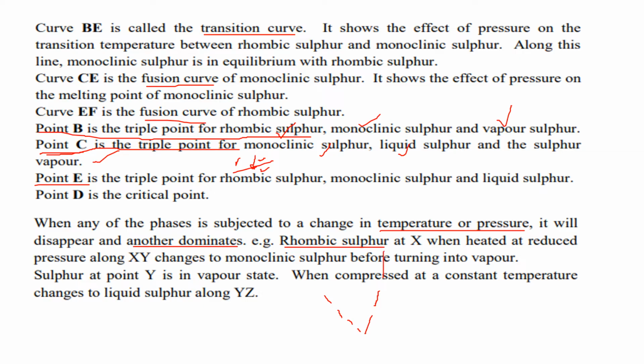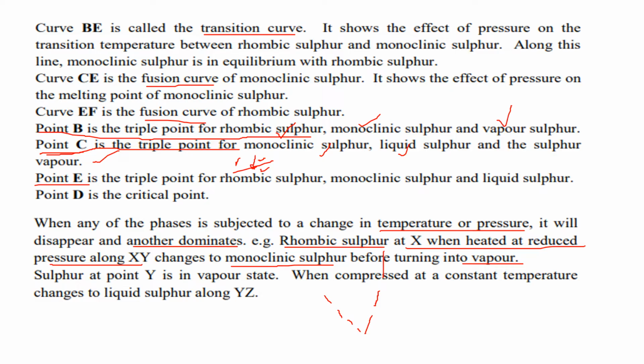Also here, we are saying that X when heated at reduced pressure along XY undergoes sublimation. First of all, rhombic turns to monoclinic sulfur, and from monoclinic sulfur it turns to vapor. If you look at that curve properly, you interpret and you see that occurring.